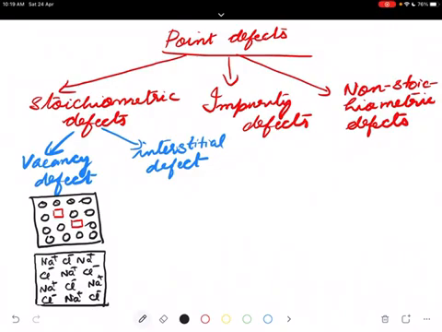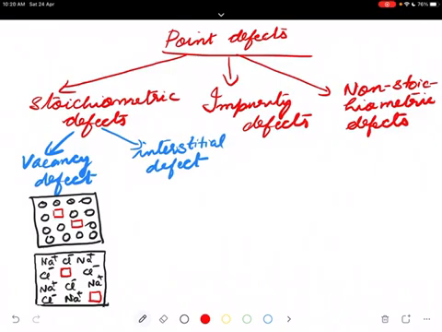So I am removing cations and anions. Equal number of cations and anions are lost. Here ions are missing. Density decreases, of course. Electrical neutrality is to be maintained.